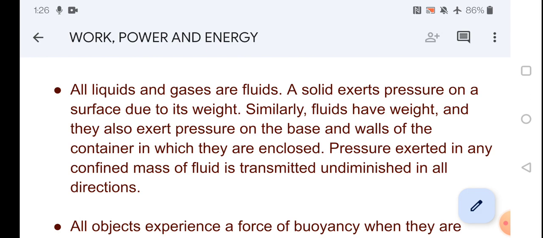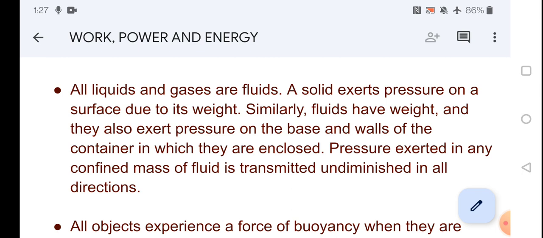If we take a container, the particles within the container move and hit the wall of the container and rebound. While rebounding, they carry kinetic energy, and that kinetic energy gives the pressure of the liquid or gas.